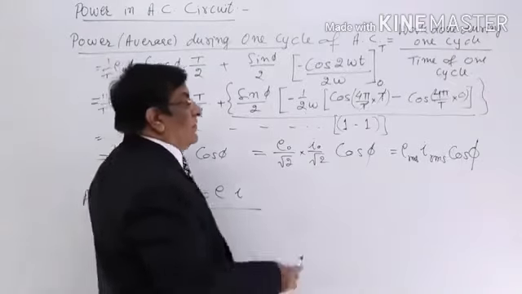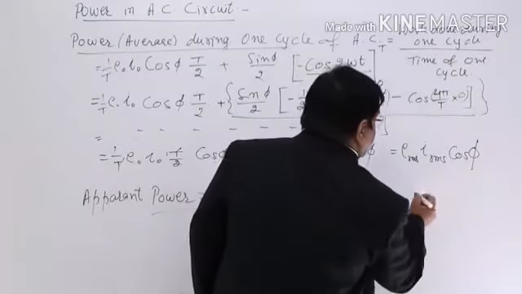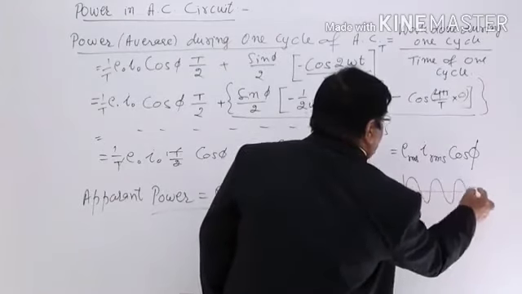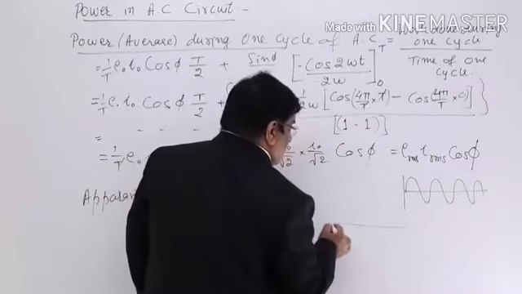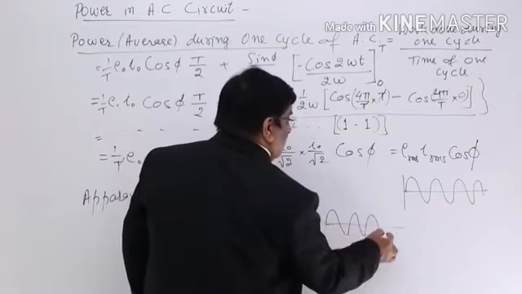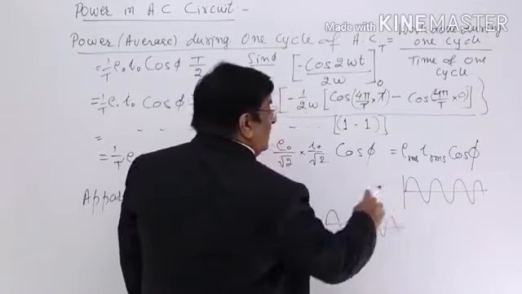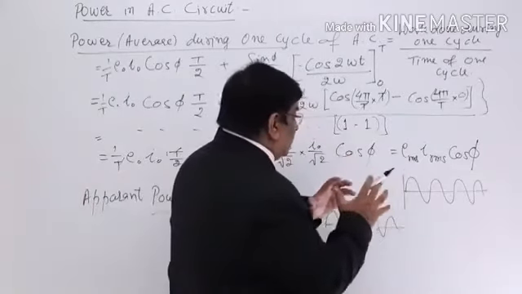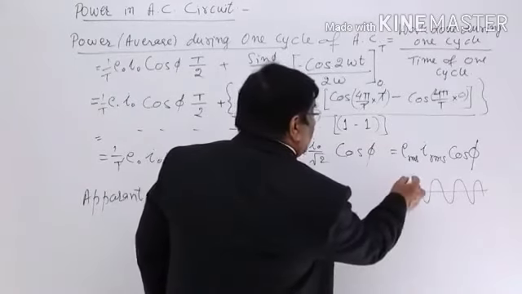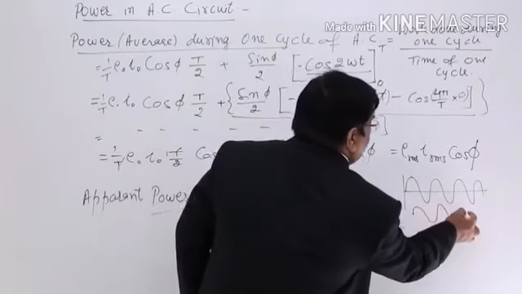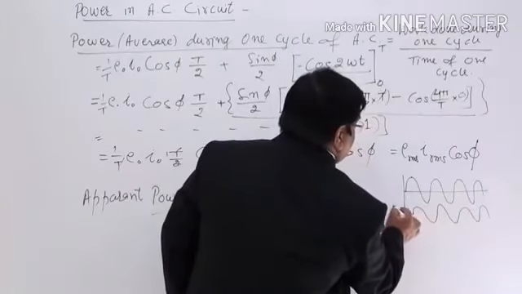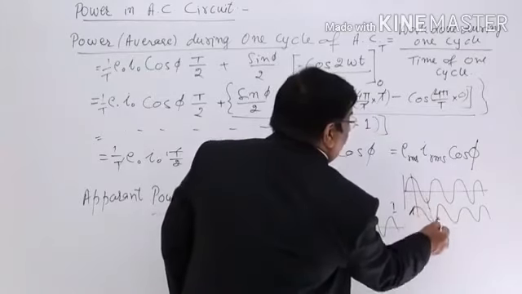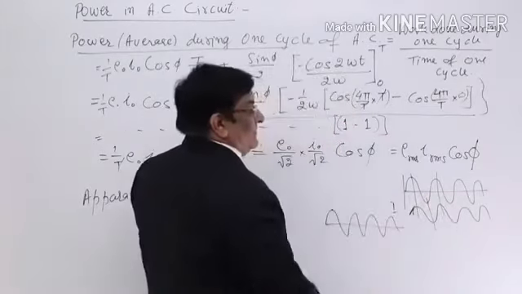You see, phi is the phase difference between voltage and current. Now we have to multiply the two. If we set the timing in such a way that the peak of voltage comes under the peak of this current I, then the power will be maximum, with no phase difference.